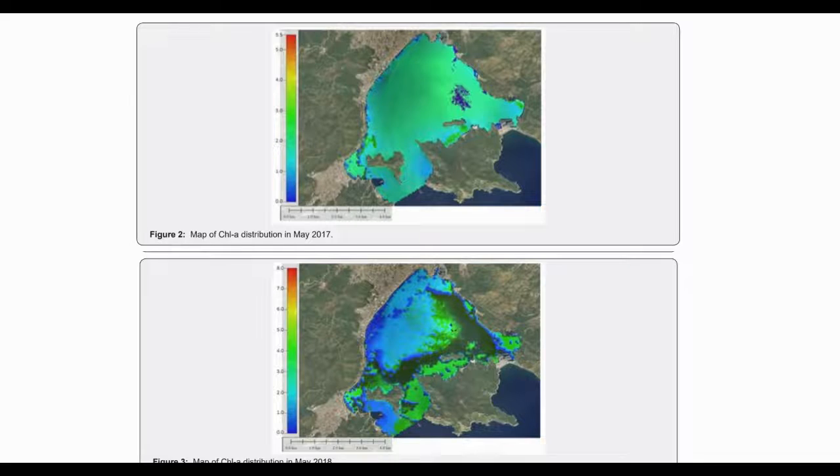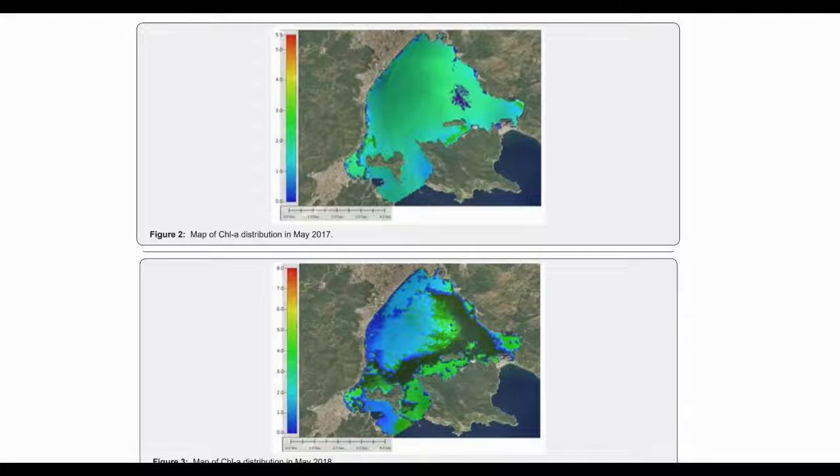We can see that in May 2018, the range of chlorophyll A amounts was higher than in May 2017. The increase of chlorophyll A value is considered an indicator of organic pollution in the marine system. Chlorophyll A level is high in the area near the wet coastal zone. It might be the result of the production of phytoplankton, a consequence of additional nutrient supply by runoff from stream flow.